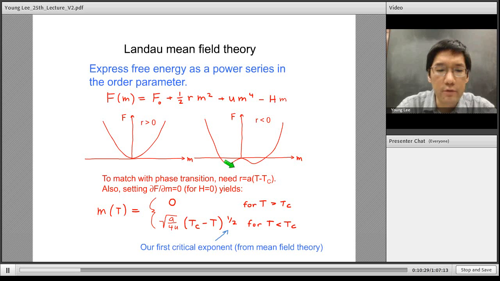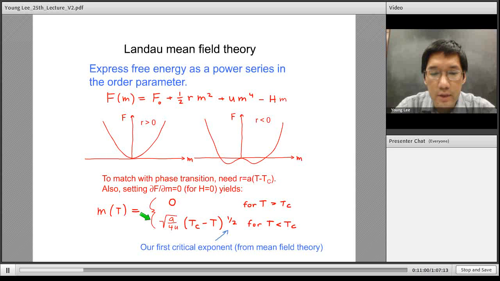Now, if you take the free energy and try to find where the minima are, and we also turn off our applied field, you get the following expression for the order parameter. As a function of temperature, it'll be 0 at temperatures greater than Tc, and it will have this dependence for temperatures less than Tc.